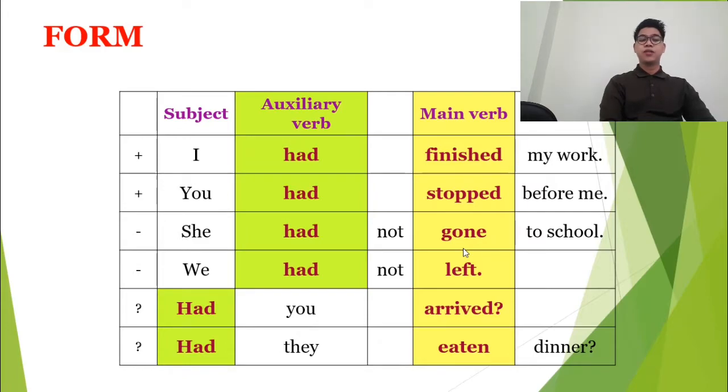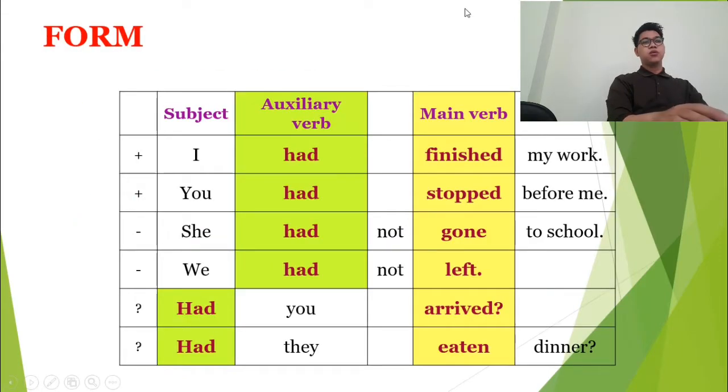In the past perfect tense you have to use verb 3 or the past participle, and then follow it with an object or complement.